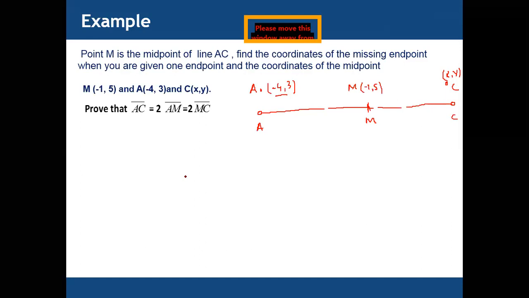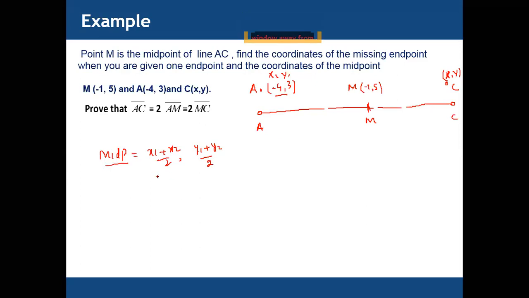For missing points, we use the midpoint formula. How do we use it? We know the midpoint formula: midpoint equals x1 plus x2 divided by 2 and y1 plus y2 divided by 2. Here x1, y1 are given, but x2, y2 we don't know, so I will take just x and y.